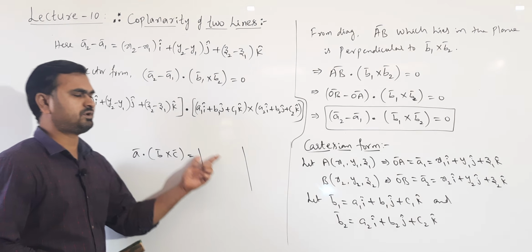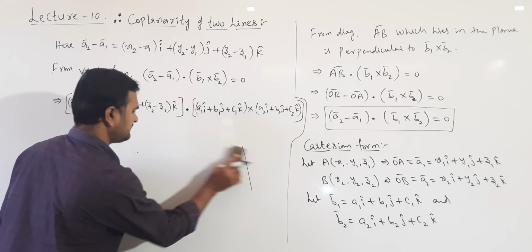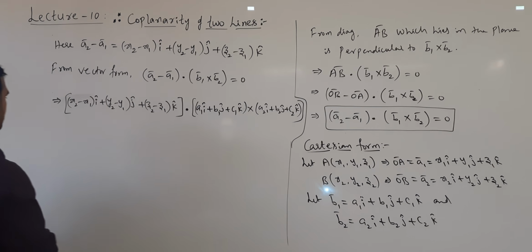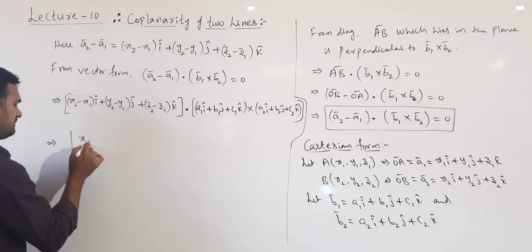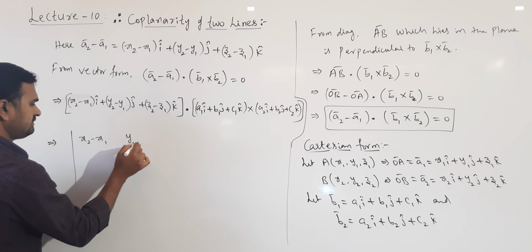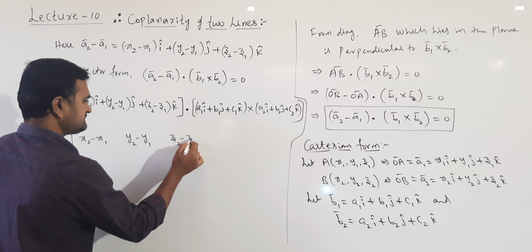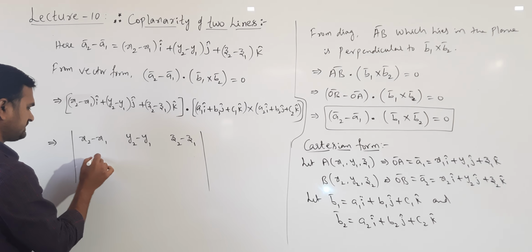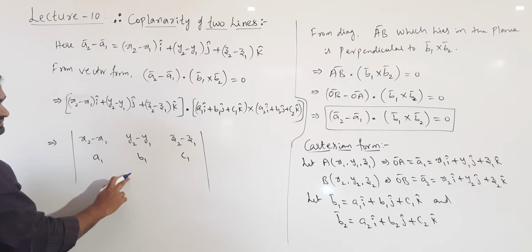So this triple product can be evaluated by using a determinant. We take the determinant of the components of the first vector. What is the first vector here? A2 minus A1. Components are x2 minus x1, y2 minus y1, z2 minus z1. Next, components of the second vector. The second vector is B1 bar. Components are a1, b1, c1. And components of the third vector are a2, b2, c2.